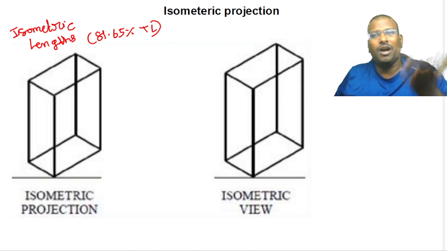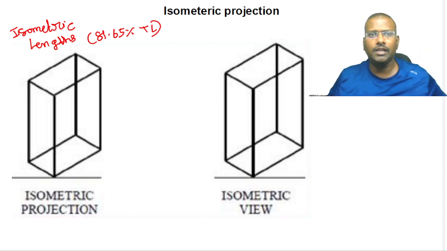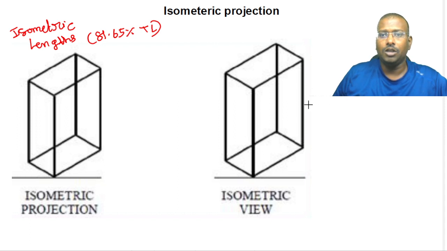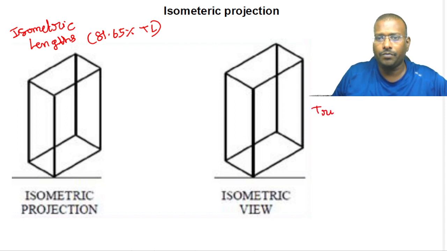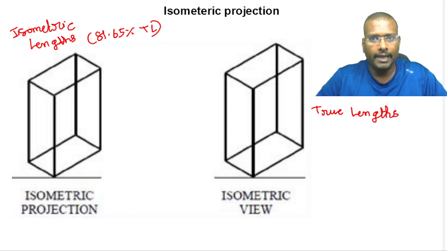So sir, I am not interested to take 81.65% of the true length. No problem. If you are going to take the true length while drawing the isometric diagram, then it is called isometric view.